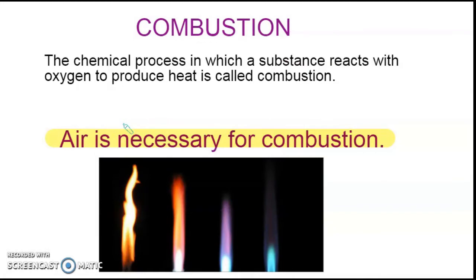What is a combustible substance? The substance which catches fire, or which in the presence of air gives out heat and light, is known as a combustible substance. And what is combustion? The process by which combustible substances react to produce heat is called combustion.